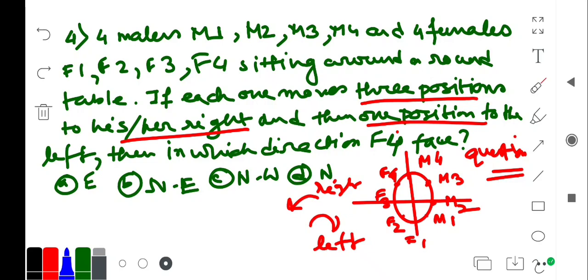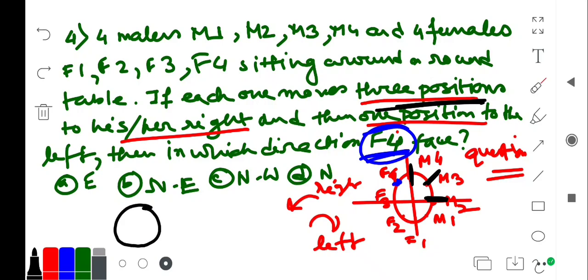Okay. Now there is F4. This position F4 is there because F4 is asked. Others are not asked, so we have to consider F4 only. So there must be three positions to the right. 1 position, 2 position, 3 position. So after 3 positions right, we get F4 at this position.